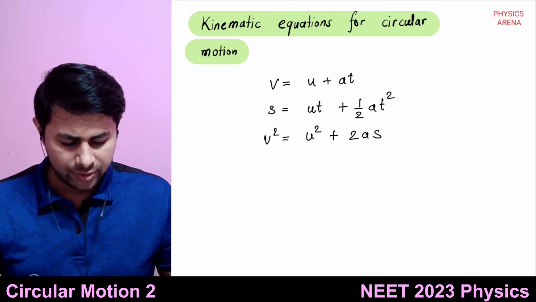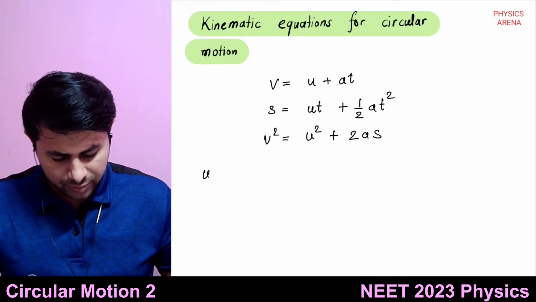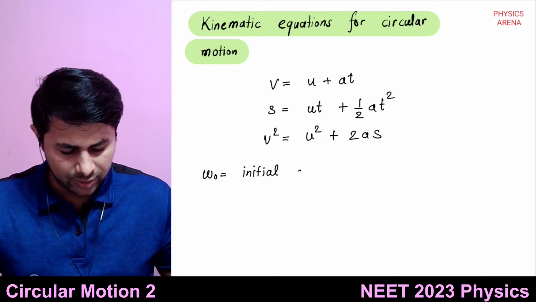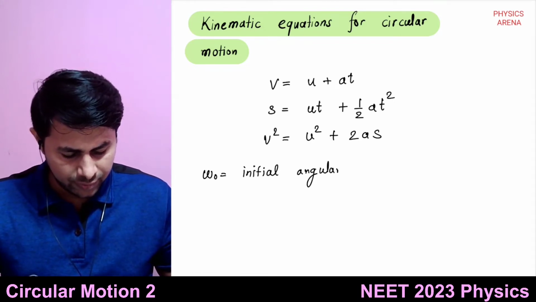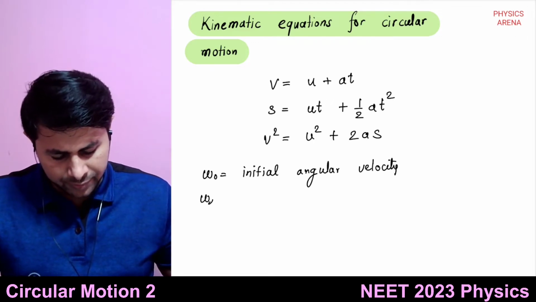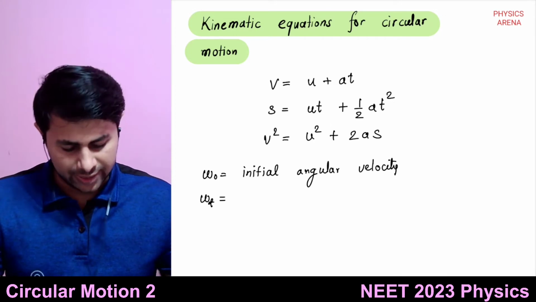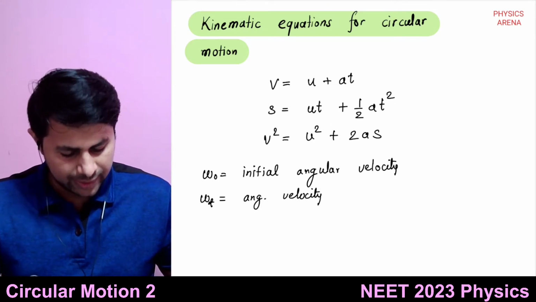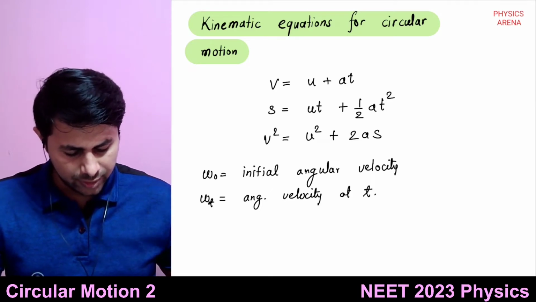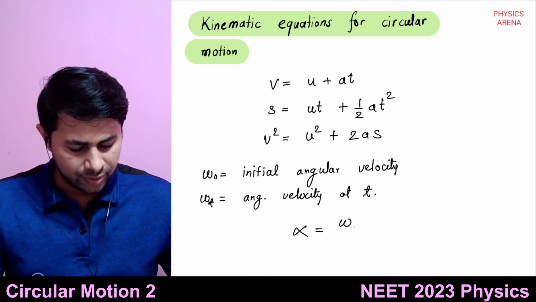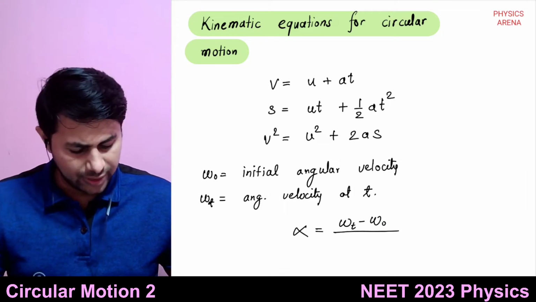For angular motion, let's suppose omega naught is the initial angular velocity. Okay, omega t is angular velocity at some time, angular velocity at time t. So we know alpha, the angular acceleration, can be written as what? Omega t minus omega naught divided by t minus 0, that is t.